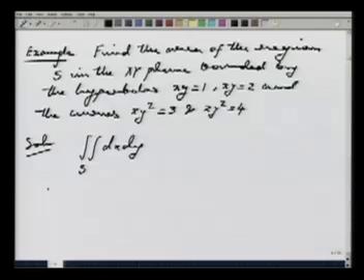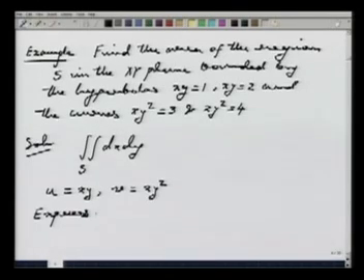let us say, u equal to xy and v equal to xy square. Suppose I just define this. Now what I want to do is express x and y in terms of u and v.